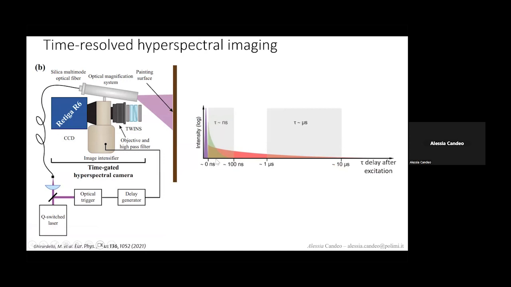And in this manner, we can look at the emission at specific delays. This is particularly relevant when there is a variation in the spectral behavior of the materials at different temporal windows, and especially when we have long decays of the materials.